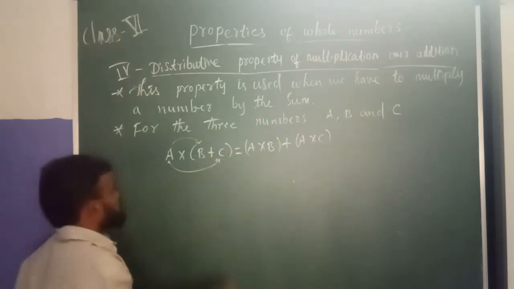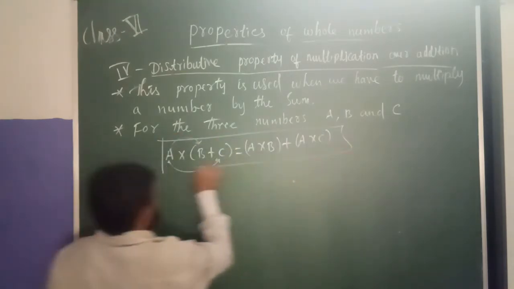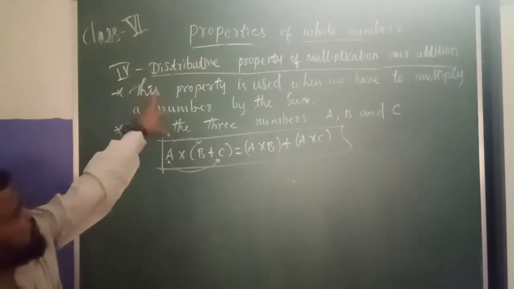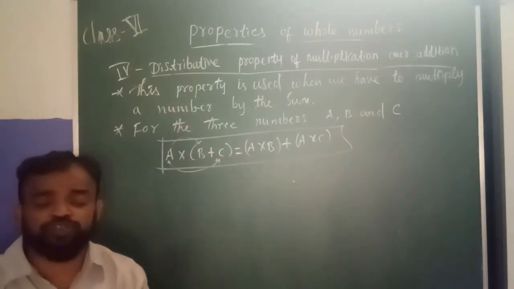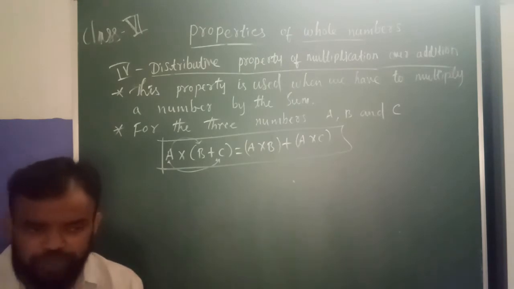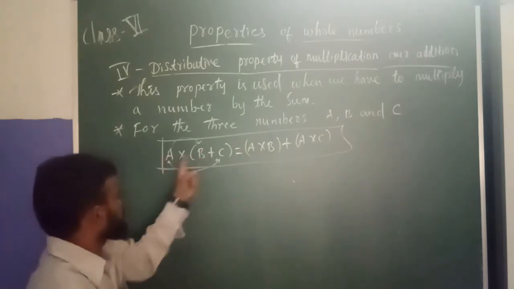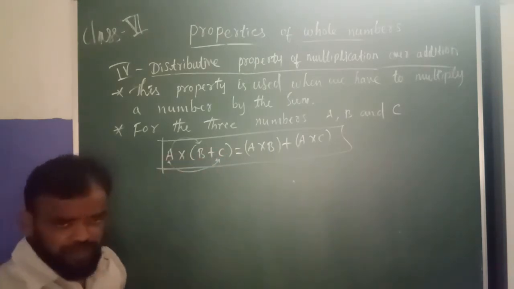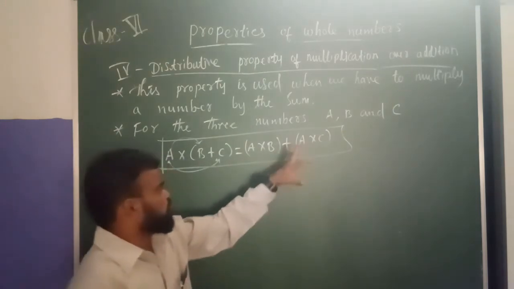This is the application of the distributive property. Distributive means we have to distribute the value of a to this person and to this person. Right? Similarly, we are done with multiplication over addition.